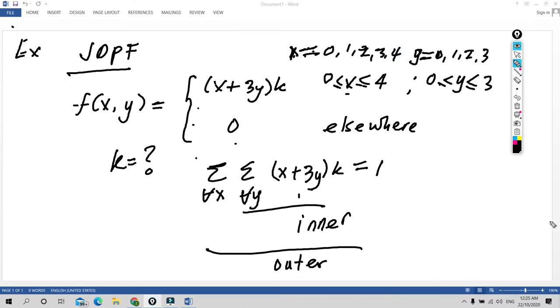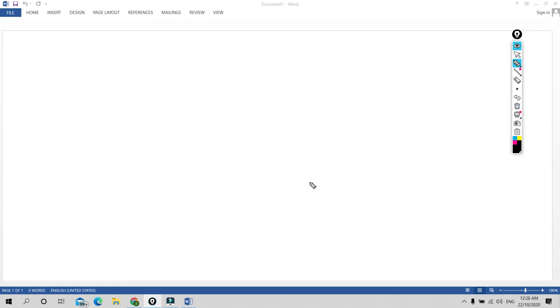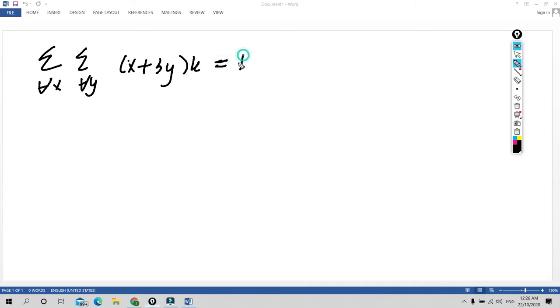So by looking at the second property, the summation for all x and summation for all y of the function (x plus 3y)k must equal 1. My x is from 0 to 4, so 0, 1, 2, 3, and 4.